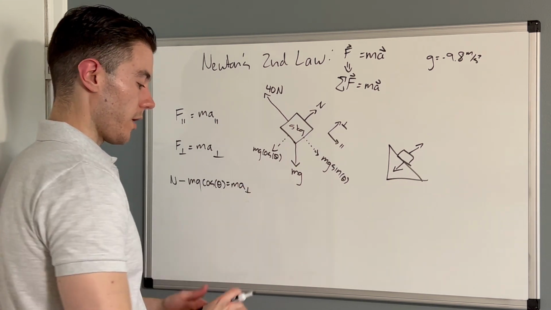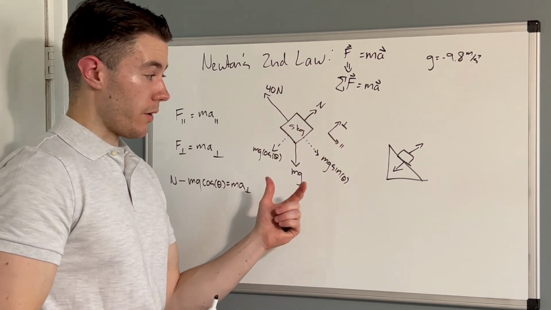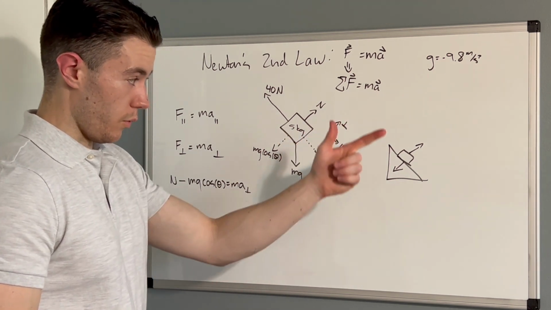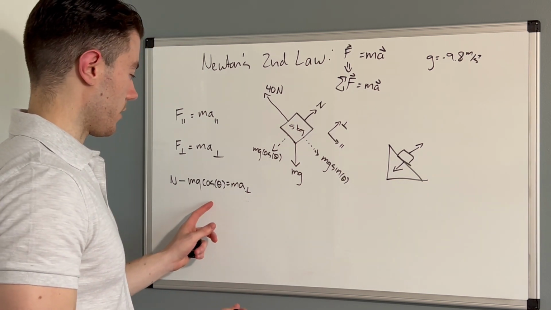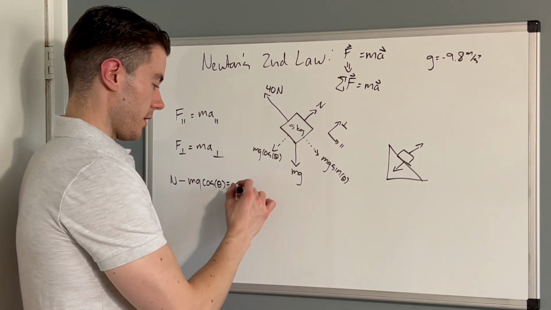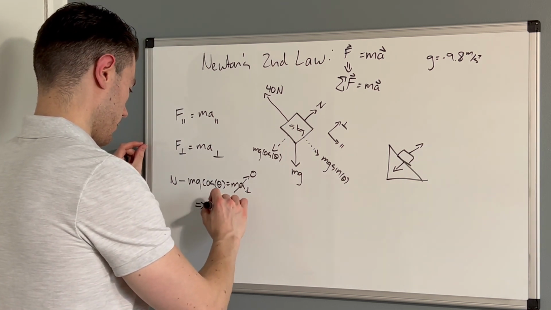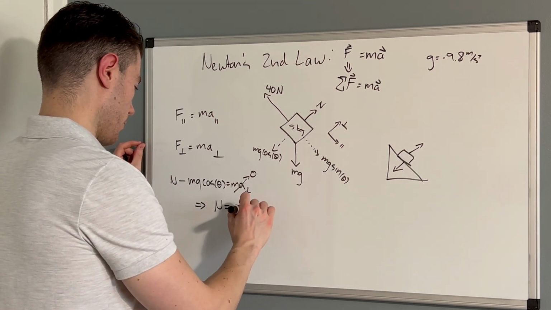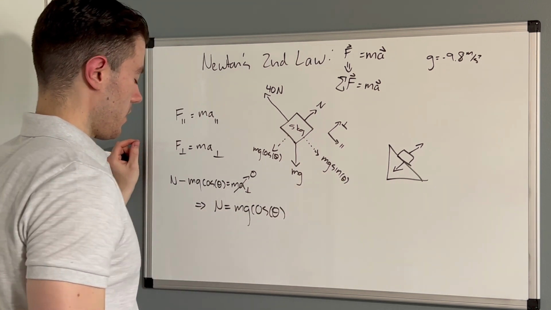But remember what I said, the box is neither burrowing into the ground nor flying off away from the inclined plane, which means that the forces are equal to each other. And because it's not flying or burrowing, the acceleration is zero. Acceleration is zero, the forces are equal. The normal force is equal to mg cosine theta.